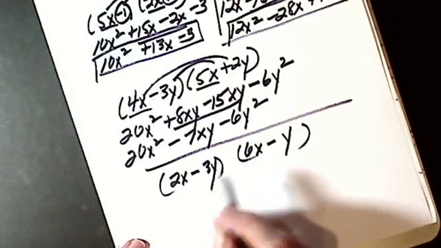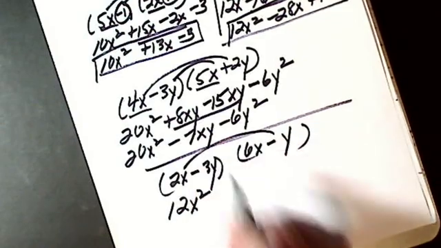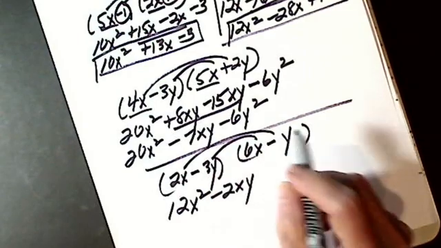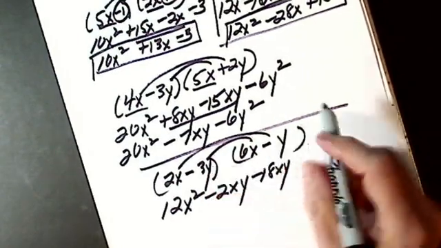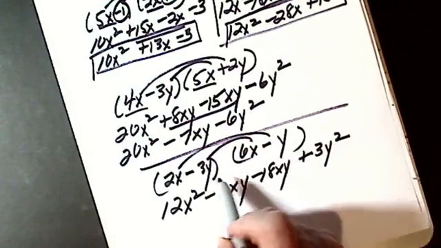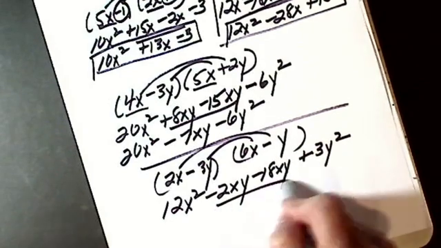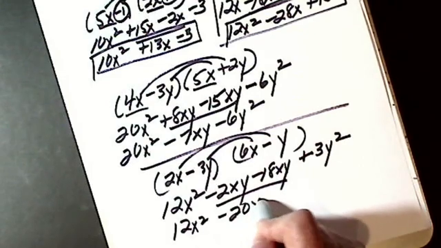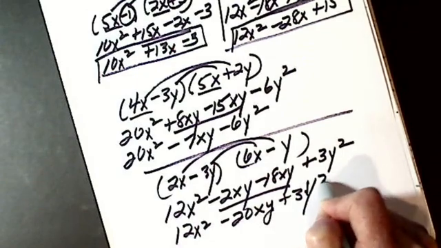I multiply my first, 12x squared. My outers, minus 2xy. My inners, minus 18xy. Multiply my last, plus 3y squared. Make sure you remember that y times y is y squared. We're multiplying. Combine like terms. 12x squared minus 20xy plus 3y squared.